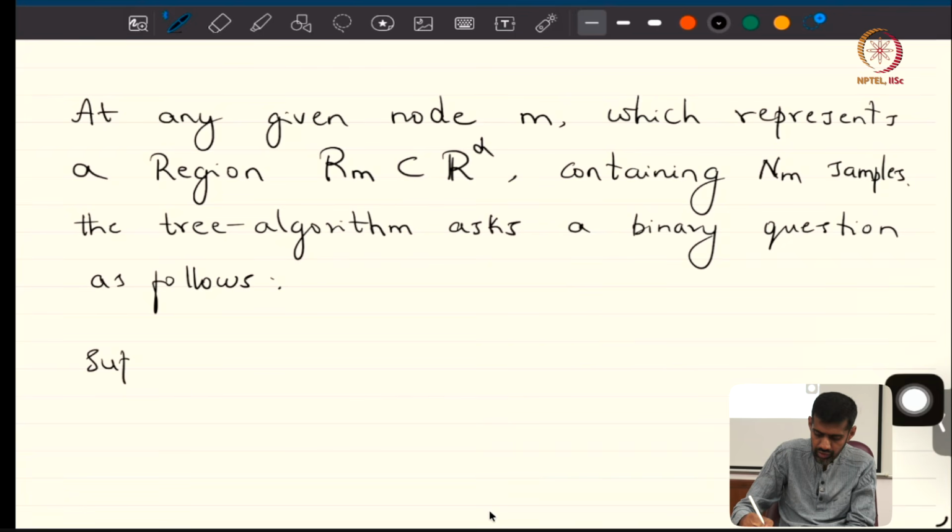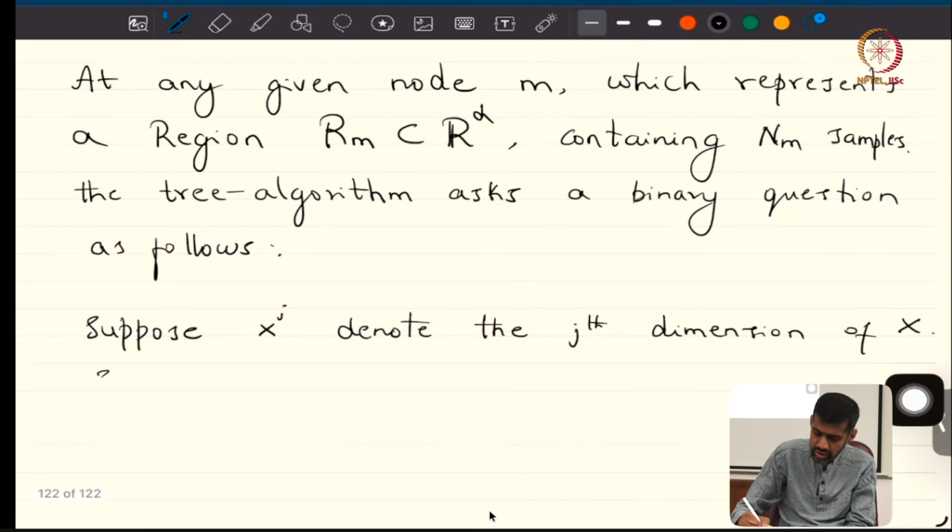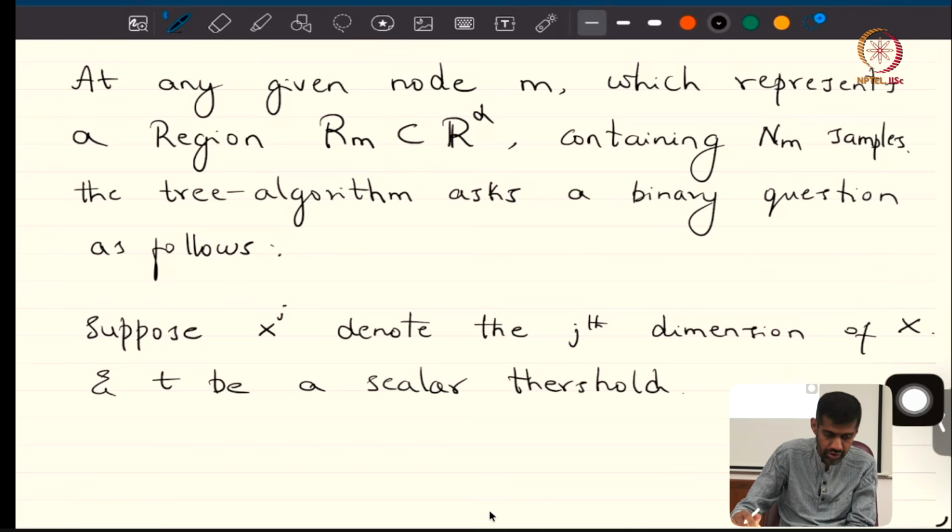Suppose x_j denotes the jth dimension of x, and t be a scalar threshold.